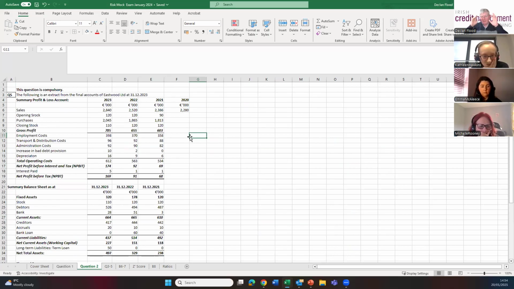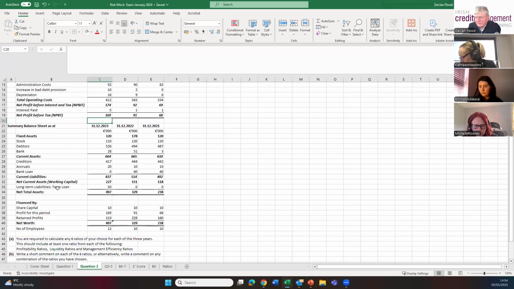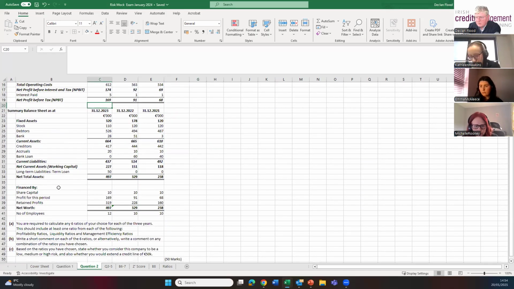In the exam, it'll be 3 different companies where you have to pick which the best company is. So it's the same set of data, the same formulations, etc.